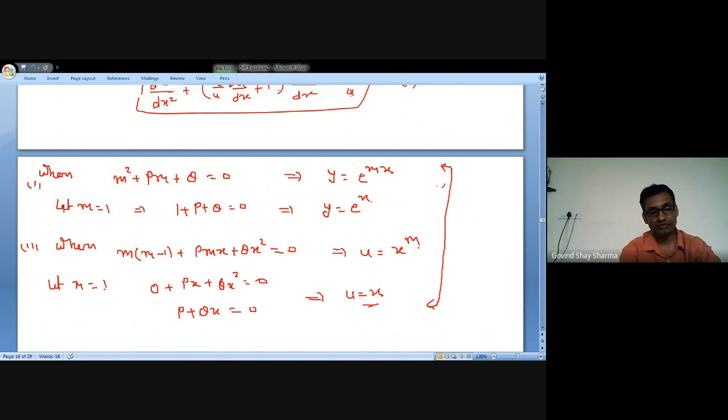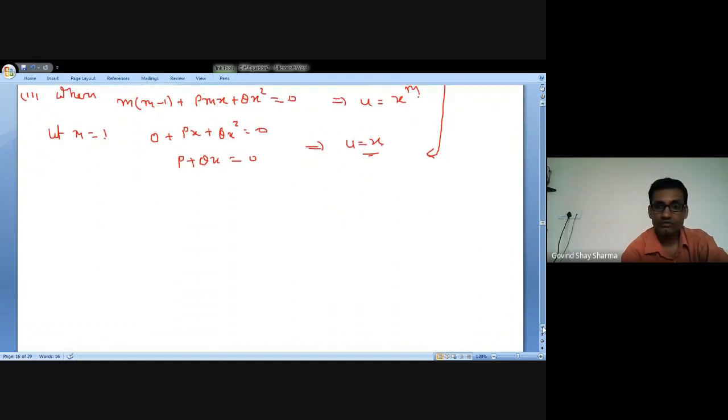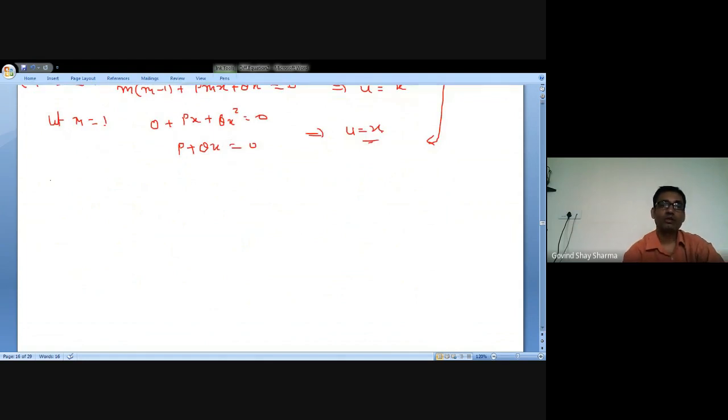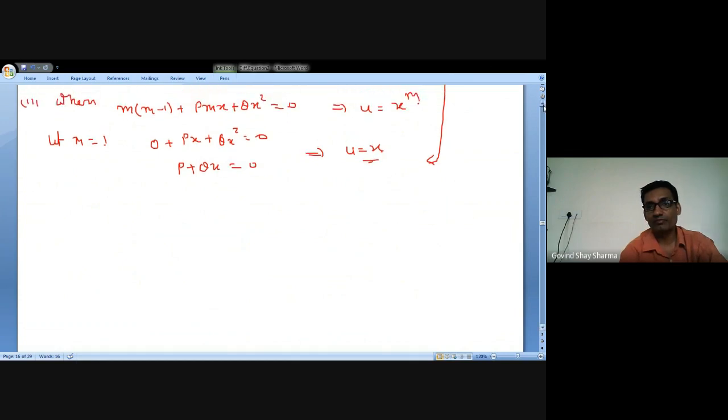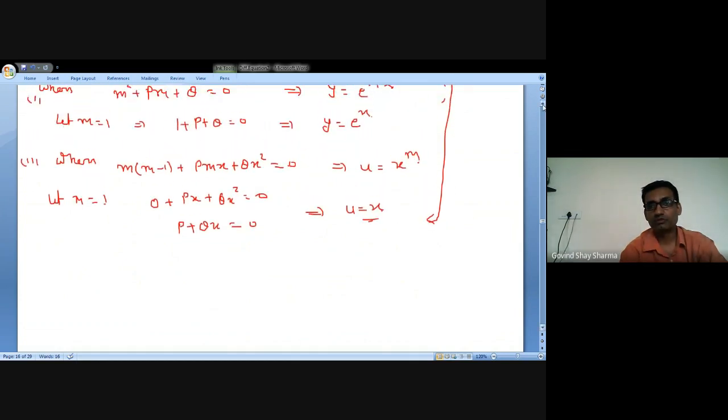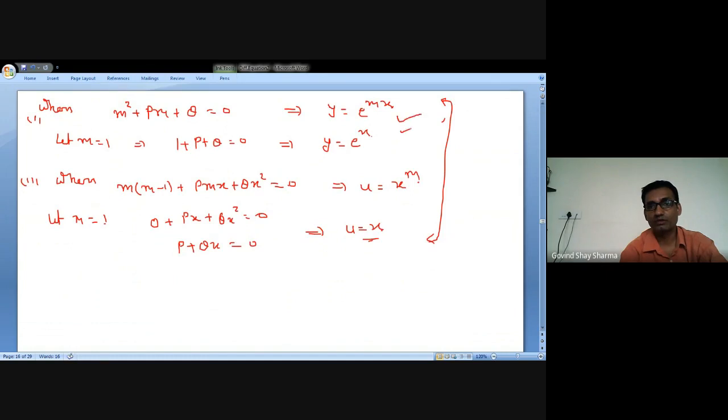Actually, we use this method when the solution is not given. We use this type of shortcut method and put the value of m. When this becomes 0, we can write the CF solution.